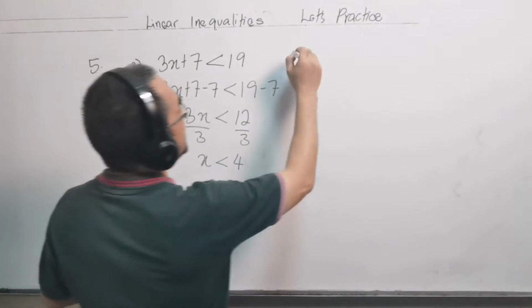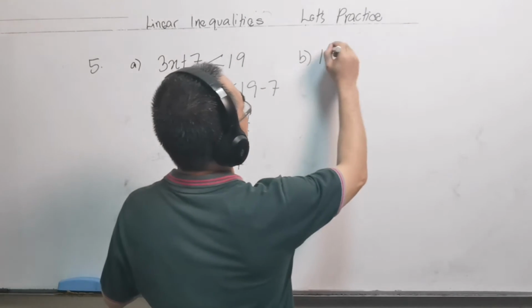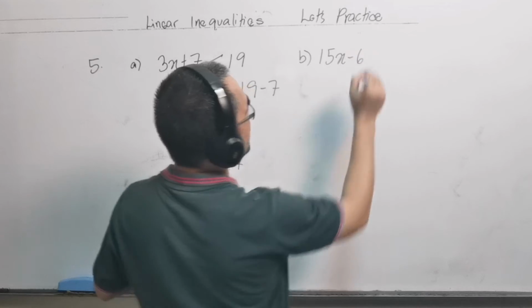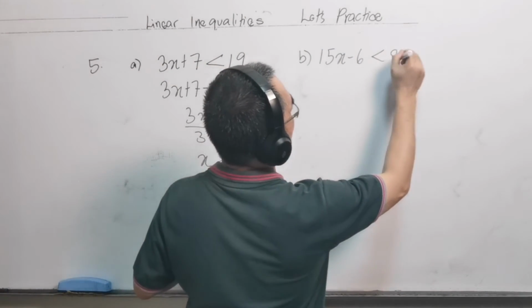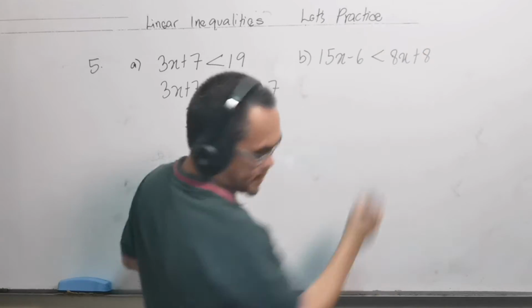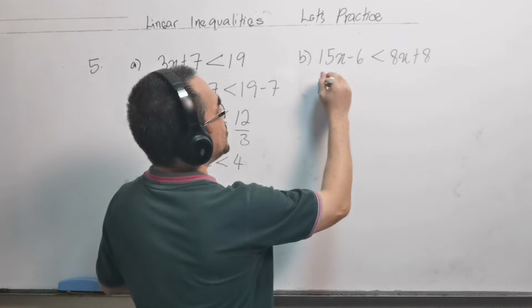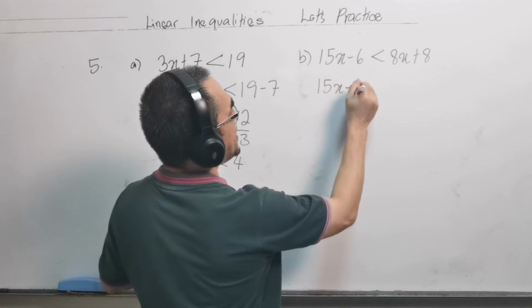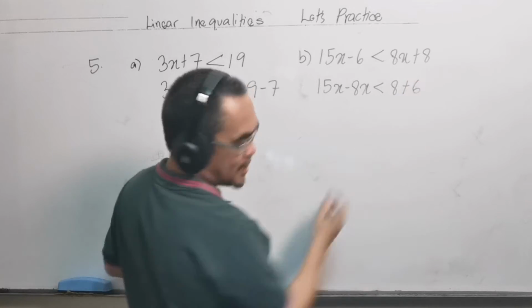Okay, and question B, 15x minus 6 less than 8x plus 8. Okay, you bring it here. So we have 15x minus 8x less than 8 plus 6.